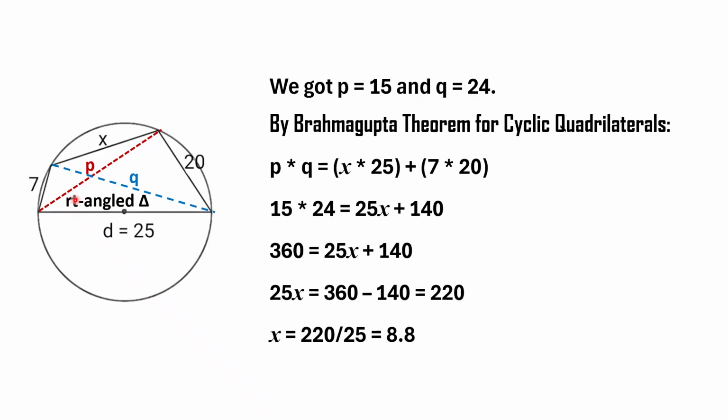So x into 25, 7 into 20, and P is 15, Q is 24. So 15 into 24, 360, equals 25x plus 140, and solving we get x equal to 8.8. So the length x is equal to 8.8 units. That is the application of Brahmagupta's formula for cyclic quadrilaterals.